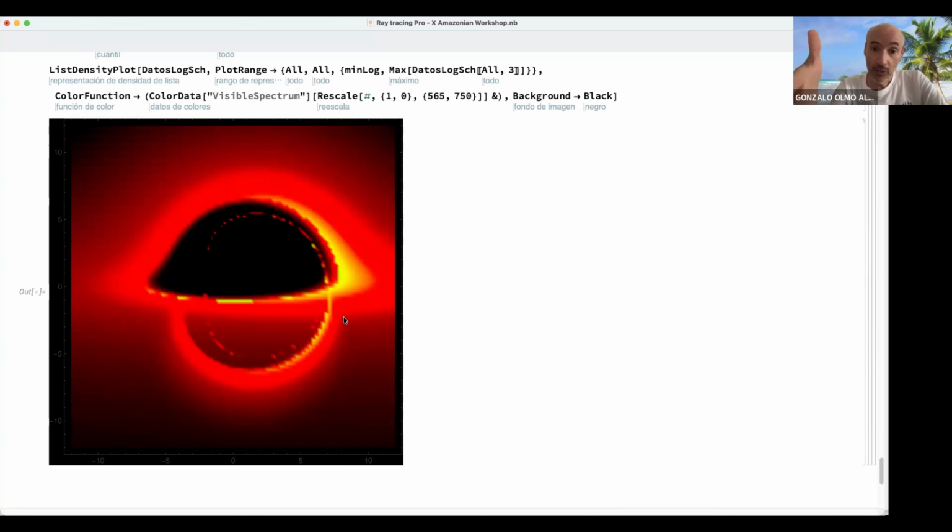So this code, even if it is simple and we are just playing with 10,000 geodesics, shows the capabilities that it has to extract physical information from the intensity profiles. When we have some inclination, when the observation angle is not from the North Pole, we have access to other sources of information about the rotation properties of the black hole and of the gas.